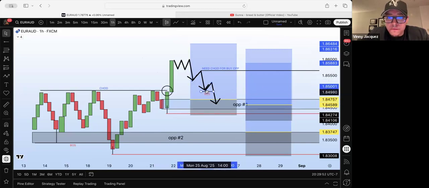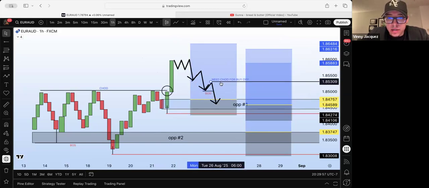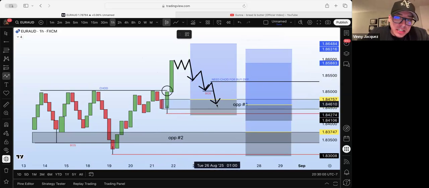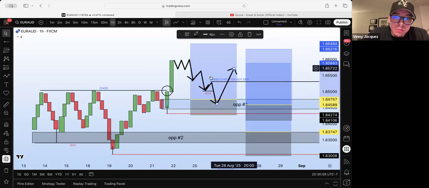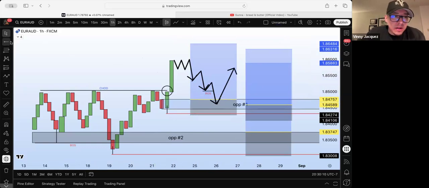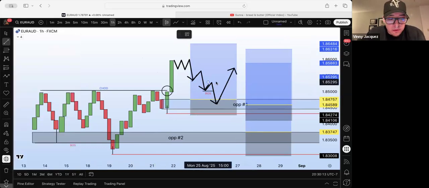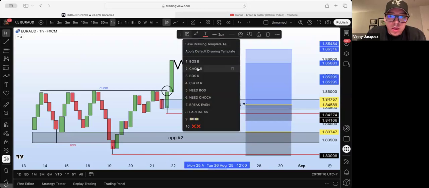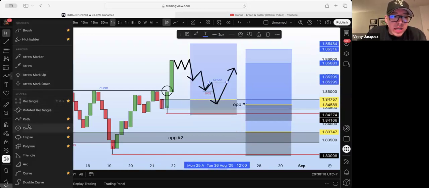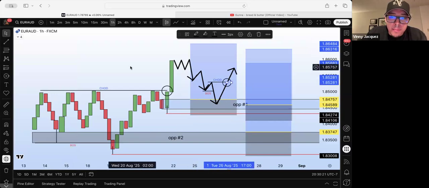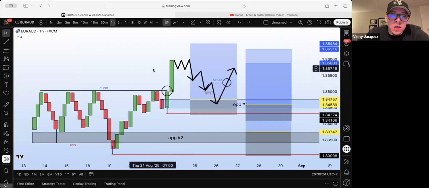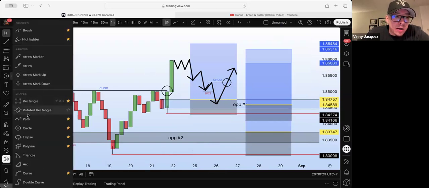The market is in my zone, Vinny. How will I know if the market is going to respect? Well, if we can get a change of direction, this is why it's so important to mark up your break of structures. Because as soon as we change direction and we break and close, giving us the change of direction that we're looking for, this right here, guys, is letting us know opportunity one was the zone that was respected and will most likely continue going higher a bit longer.